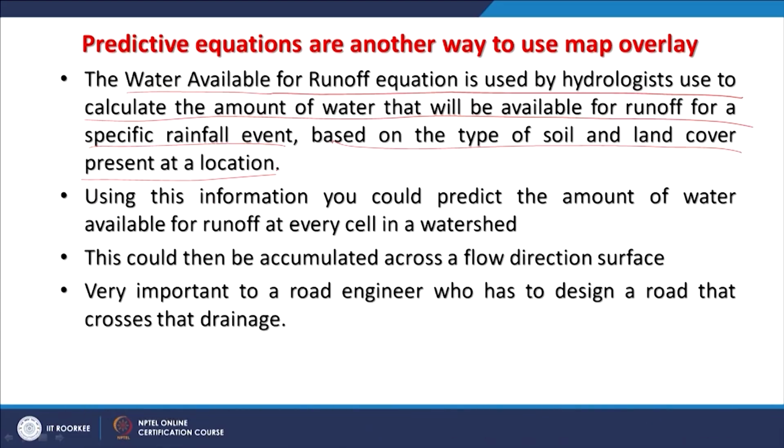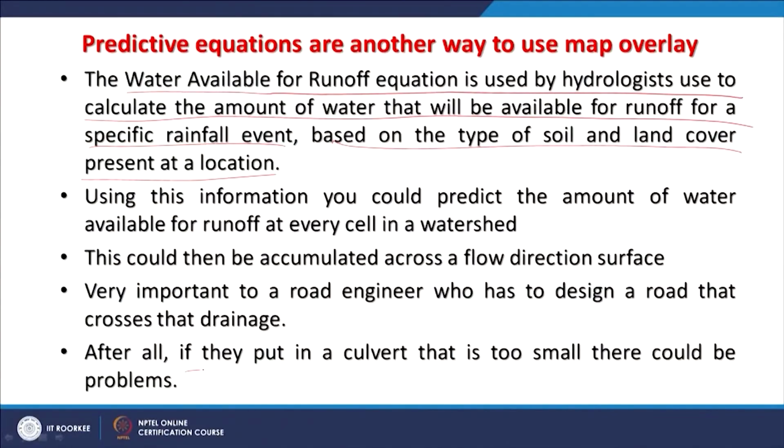And this is very important to the road engineers who have to design a road that crosses that drainage, because in flood events minimum damage or no damage should occur, and therefore while designing these things, either small bridges or culverts or whatever, these things should be kept in mind.